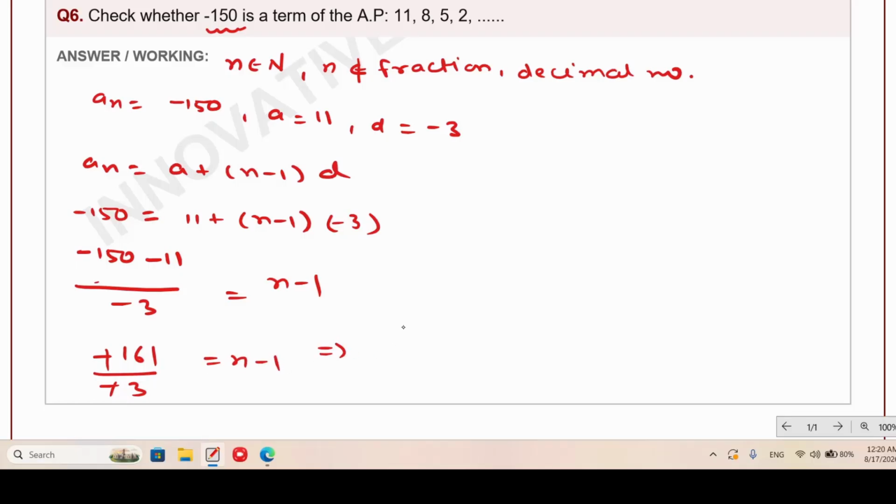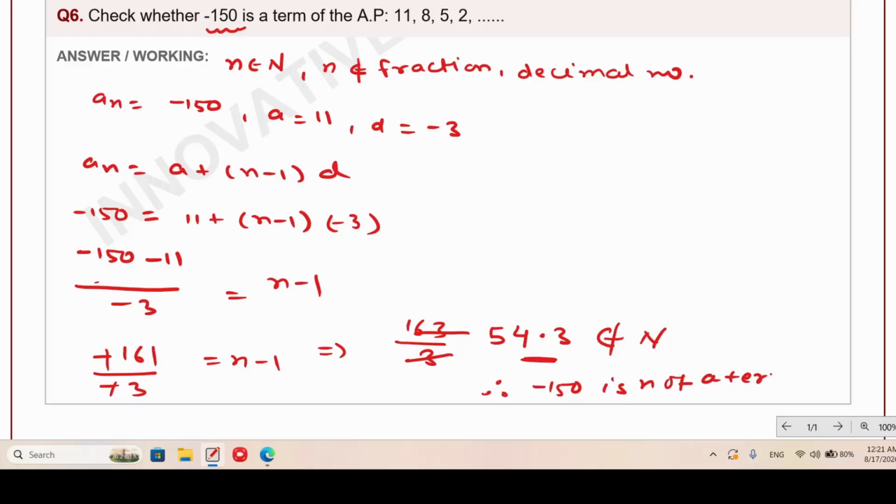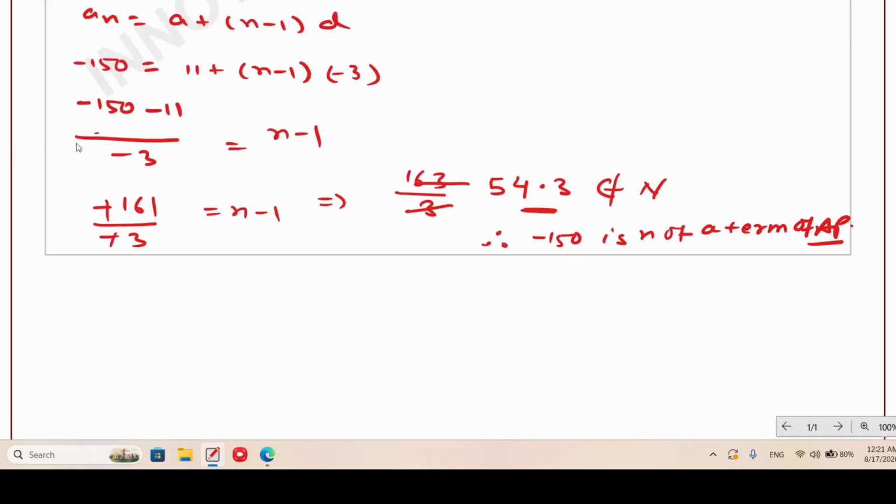It means that we divide 161 by 3, 3 fives are 15, 1 3 fours are 12, so 3 threes are 9. So this does not belong to the natural numbers, therefore minus 150 is not a term of the given AP, not a term of the given AP.